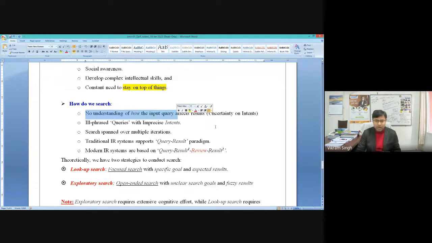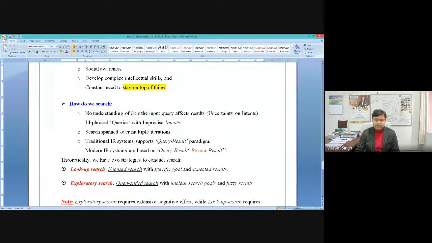So initially we are not having any clarity on the query term itself and the relation between query terms and the possible results. So you can say both ends are uncertain. Your query term itself is not precise, and your results and their relation with the query is also not certain, not precise to you, right?